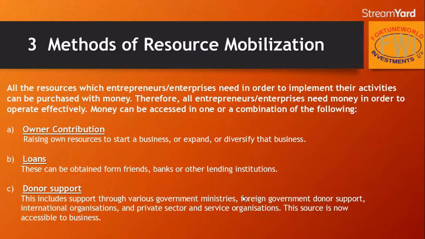For example, if you have heard of an organization called Prospero. Prospero is a UK-funded organization. It is based in Lusaka, Zambia, and it gives grants as well as concessional loans.